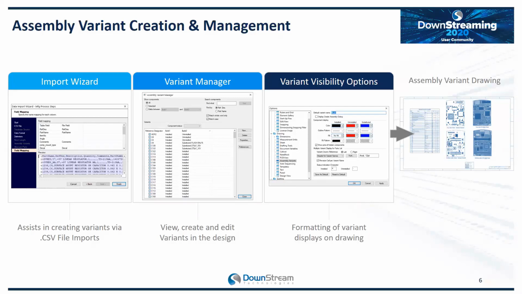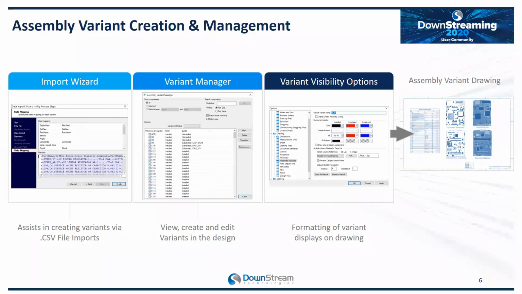But of course, if we have hundreds, thousands of parts on a PCB, we're not going to want to do that by hand. There's a far easier way, but we want to be able to display and manage these. So to front end the variant manager is an import wizard.